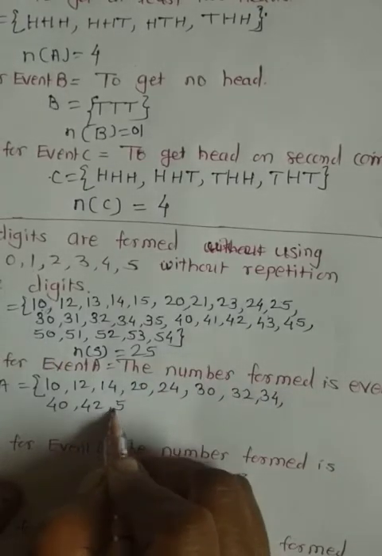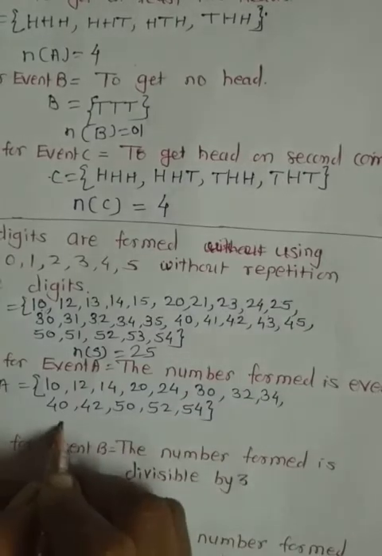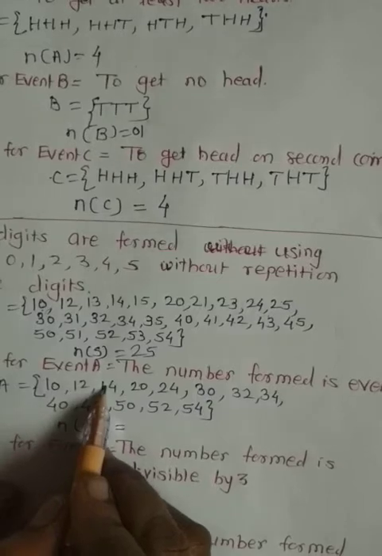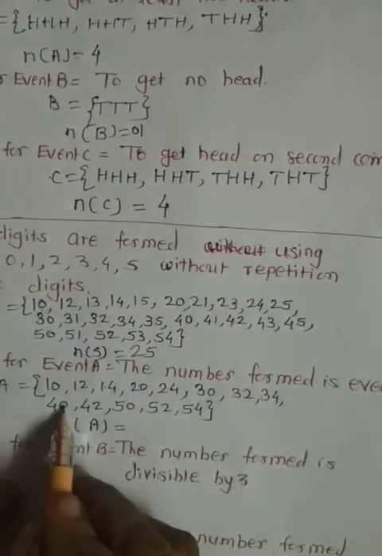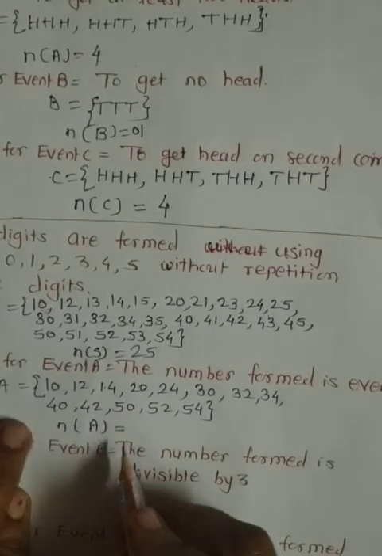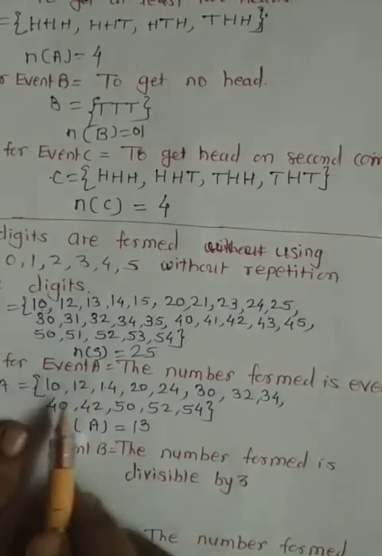Next one, that is 50, 52 and 54. Now we are counting how many numbers are there: 1, 2, 3, 4, 5, 6, 7, 8, 9, 10, 11, 12, 13. Means in this way we obtain the number of A equal to 13.